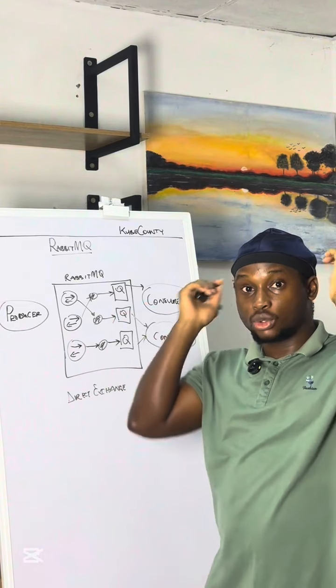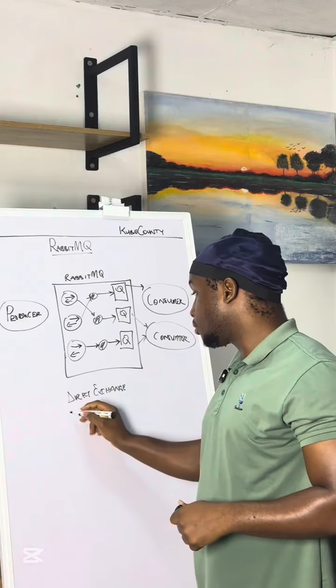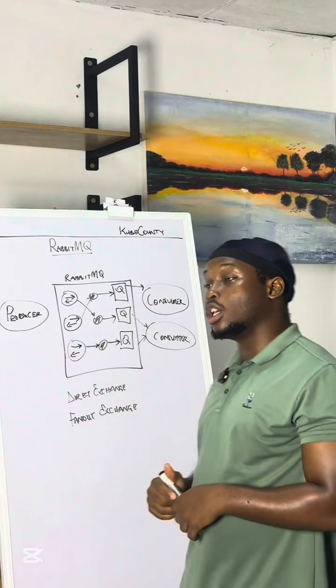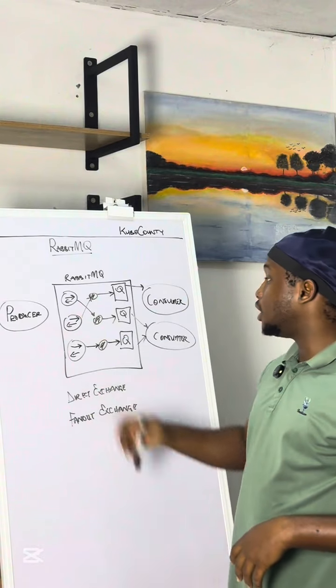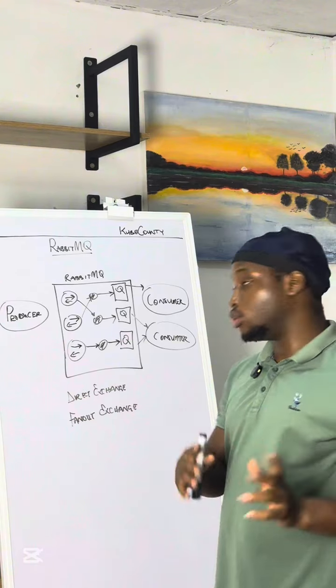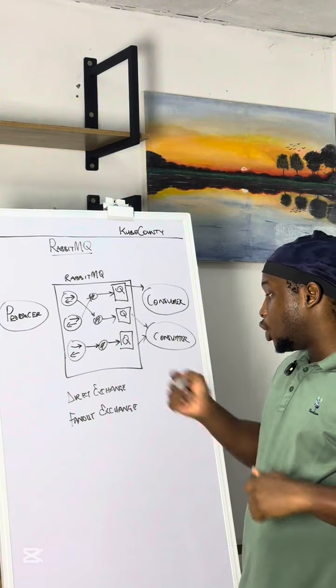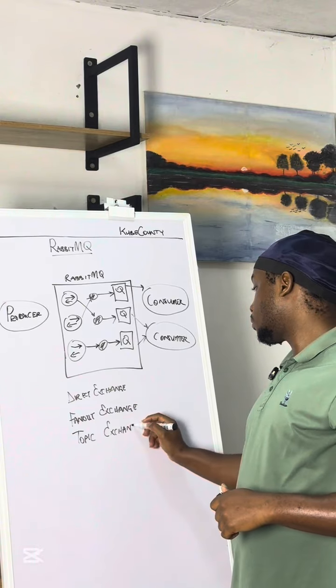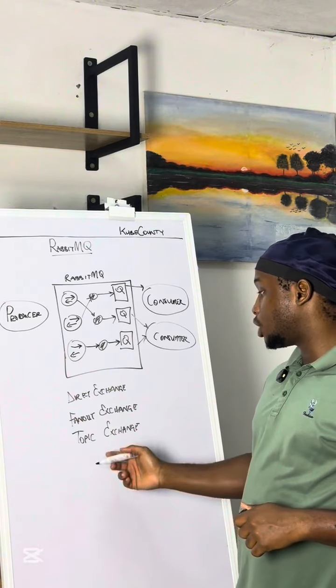There's also the fan out exchange. The fan out exchange is used when there are various queues, one to many. So your exchange, the fan out exchange, just broadcasts it to all the queues that are bound to that exchange. So you also have the topic exchange. In my experience, this is less commonly used.